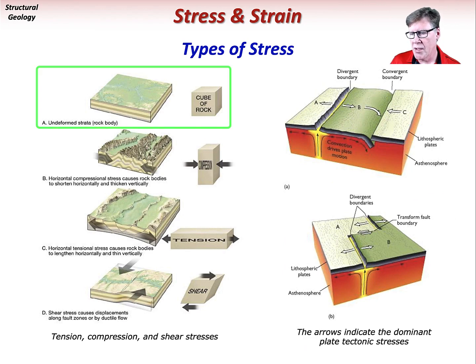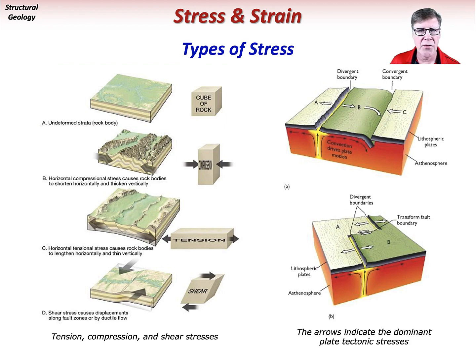The first situation shows horizontal layering where the rocks have not experienced any tectonic stress and thus no signs of strain. In the next example, compressional stress includes opposing forces that cause rocks to shorten horizontally and thicken vertically. This is the dominant stress at convergent plate boundaries where tectonic plates are moving toward each other. And you can see that on the right.